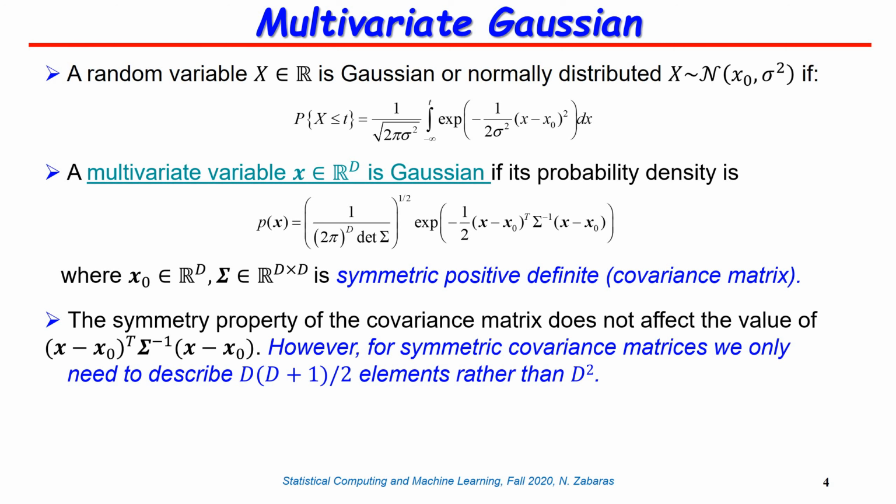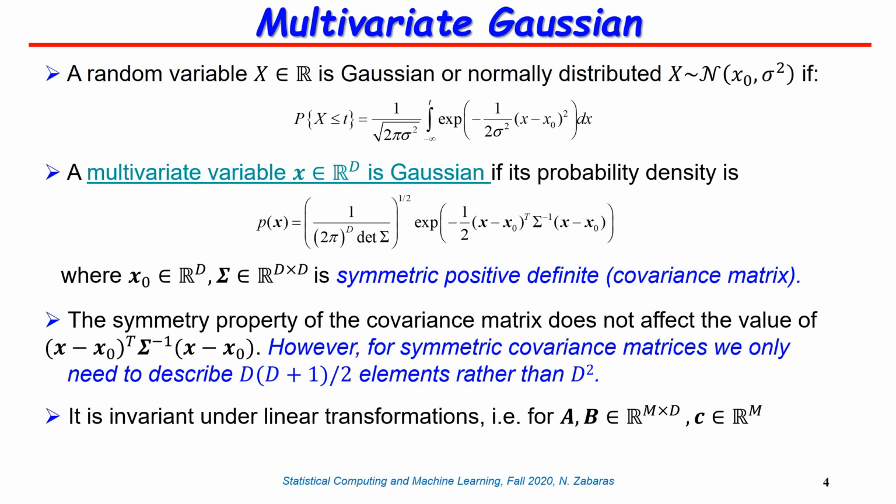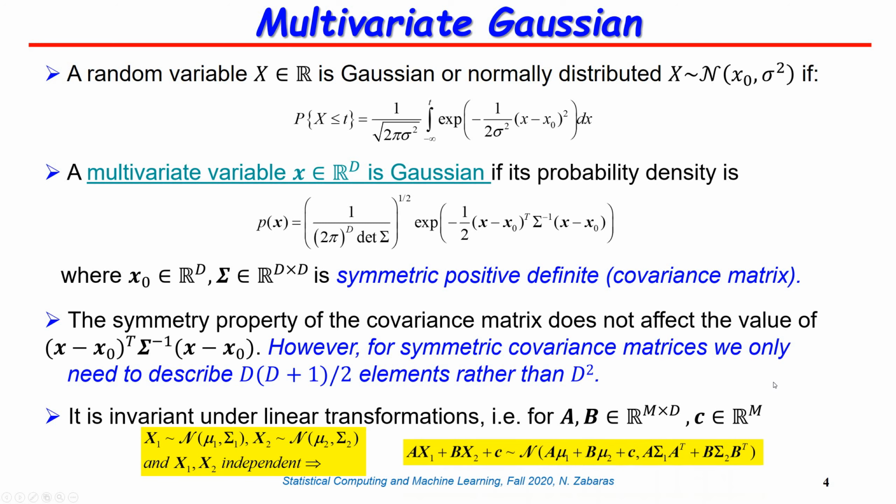Let me give you, without proof, a simple transformation rule for Gaussians. Define matrices A and B of dimensions m times d and a vector c in R^m. You can show that if x1 and x2 are independent Gaussians, then the linear combination A x1 plus B x2 plus c also turns out to be a Gaussian with the mean that you see here, and the covariance matrix is A sigma1 A transpose plus B sigma2 B transpose.